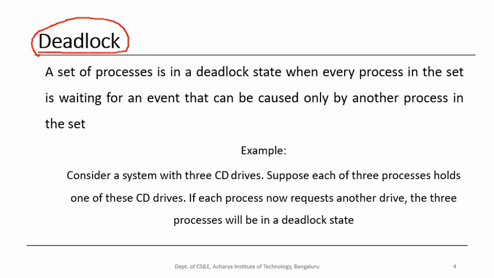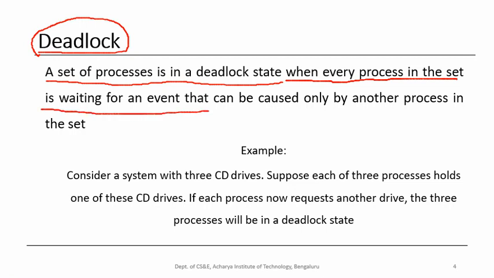Let us first define deadlock. A set of processes is in a deadlock state when every process in the set is waiting for an event that can be caused only by another process in the set.